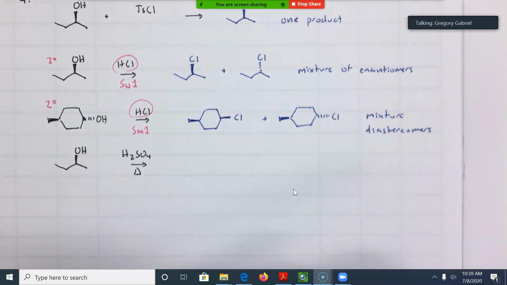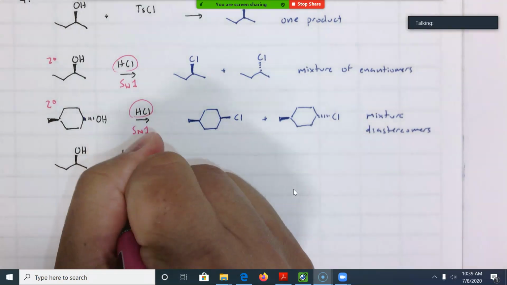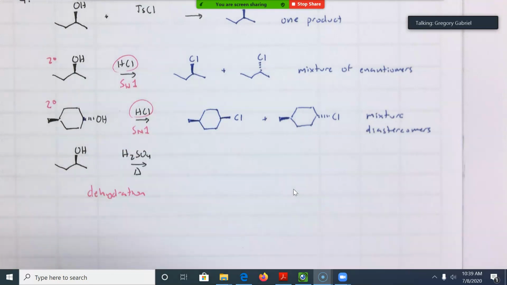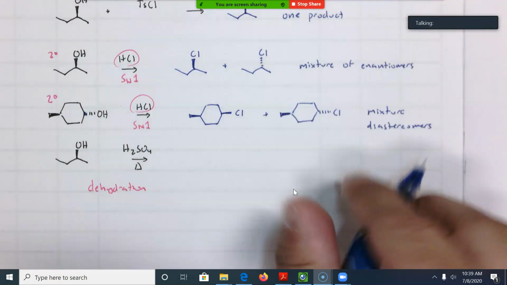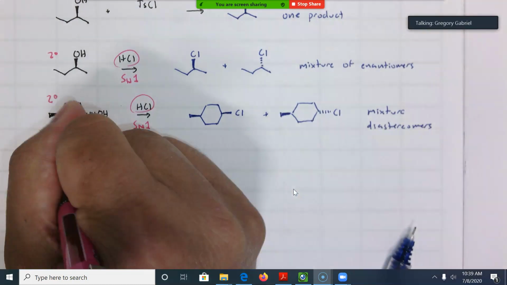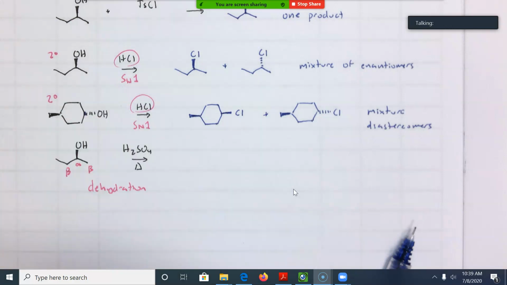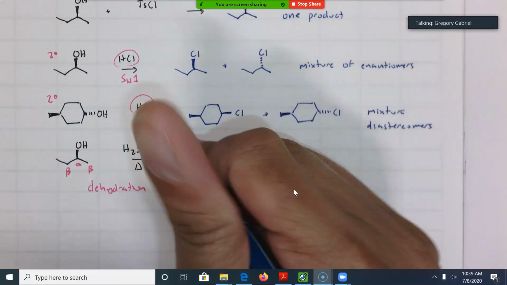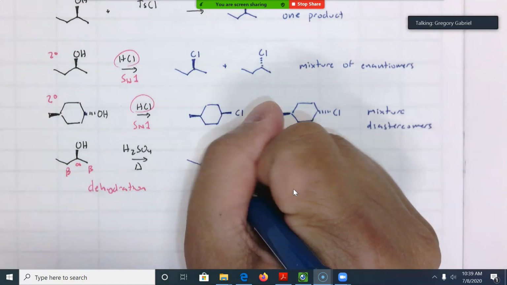What is this? This is dehydration. Dehydration, you're making alkenes, and you're doing beta hydrogen elimination. Let me make the double bond to the left first.